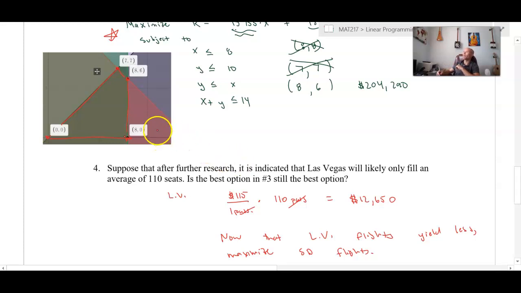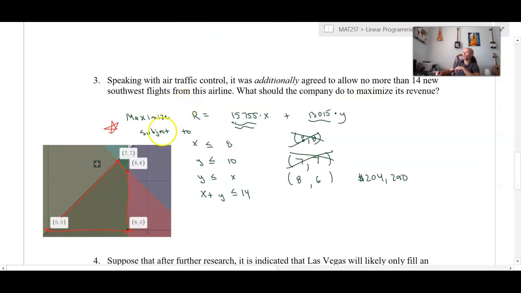If we were trying to minimize revenue, of course, we would have picked 0, 0, because that's the smallest point. So ultimately, we've solved a problem like this, where normally we would input all of our constraints, look at the feasible region, we would find these, in this case, 4 corner points, and we would test all 4 of them in our revenue function and see which one produces the largest possible result.